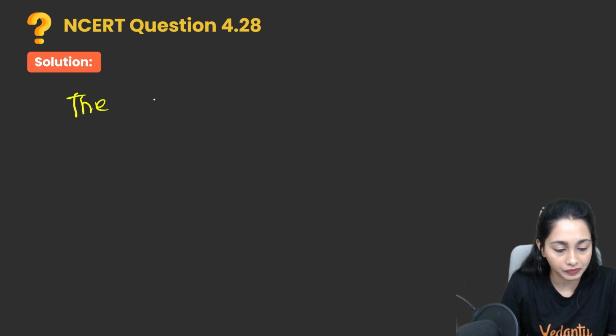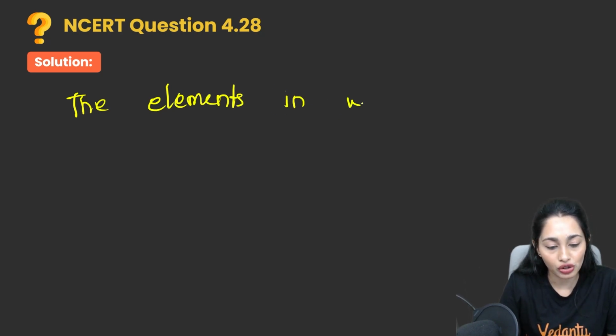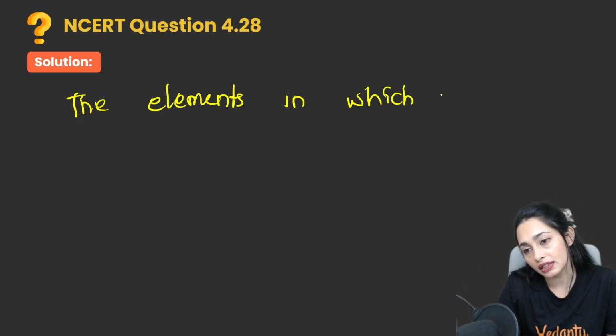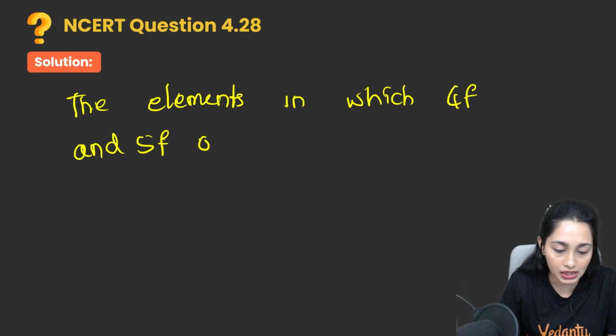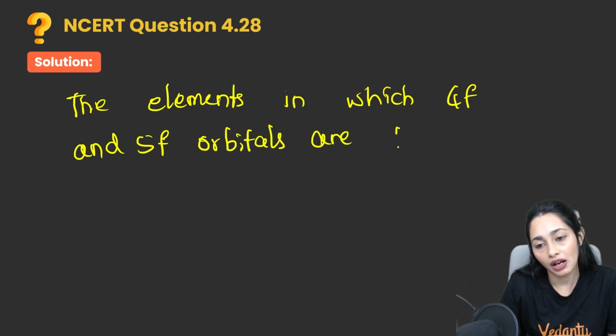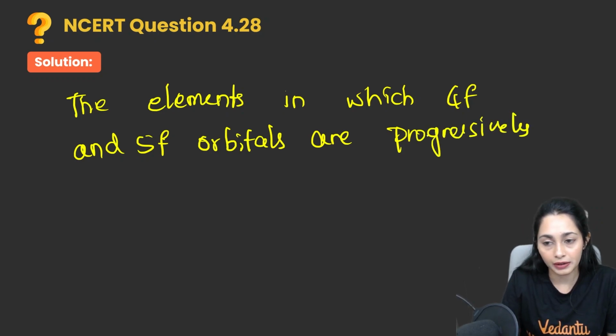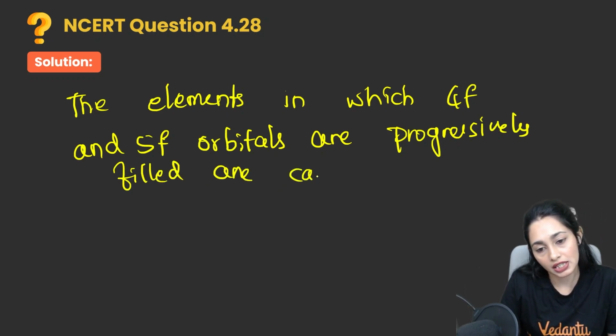And the elements in which 4f and 5f orbitals are progressively filled are called f block elements.